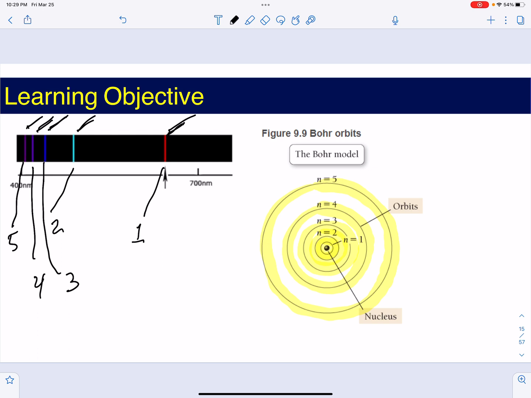So if we visualize the atom where the electrons are distributed at different levels, when the electrons move between levels, they will have to absorb energy to go up, and when they come back, they will release energy. That energy is going to have to be released as a photon, and if you happen to be around, that photon is going to hit your eyes, and you will see something.